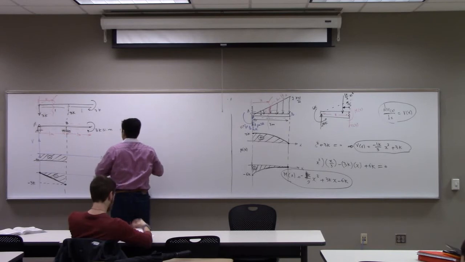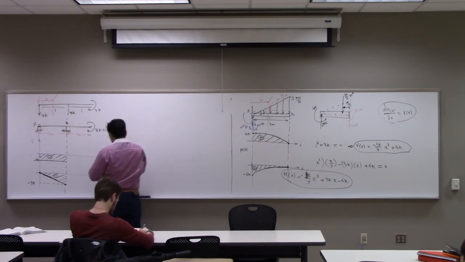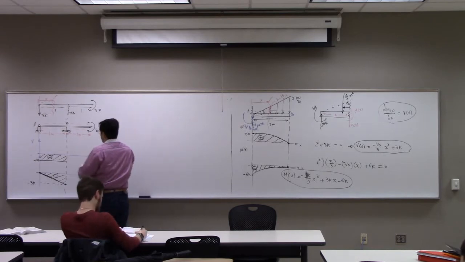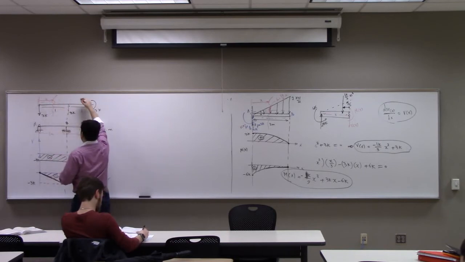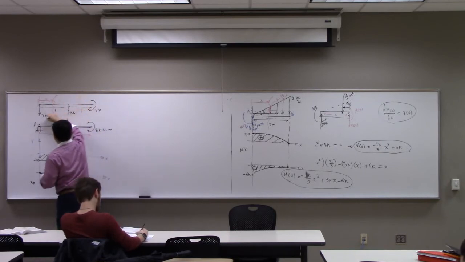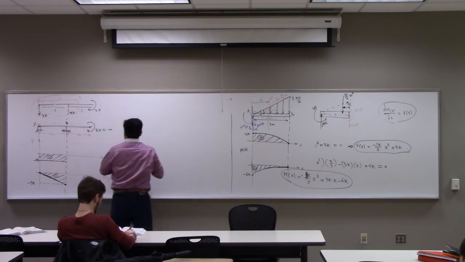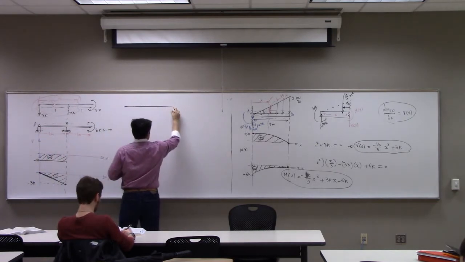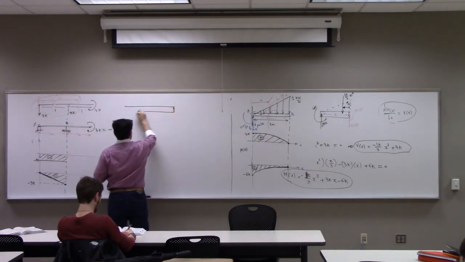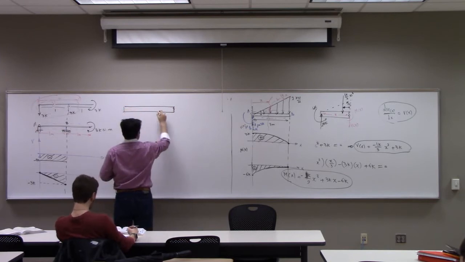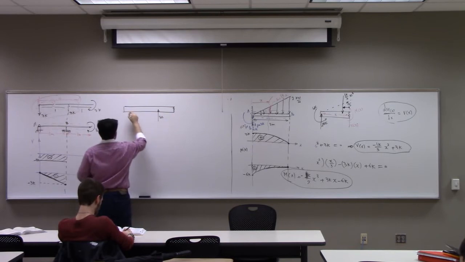If I do that, my FED, now the system is back. I cut it, I continue this x to somewhere here. So this is my system. That is my system. And now I want to draw FED. 3K here. 3K here.